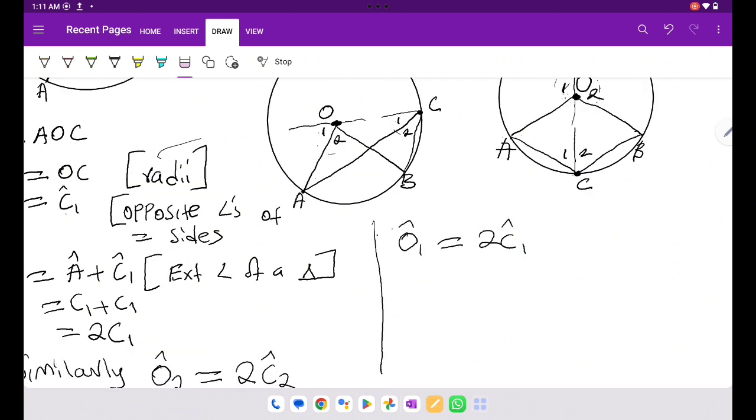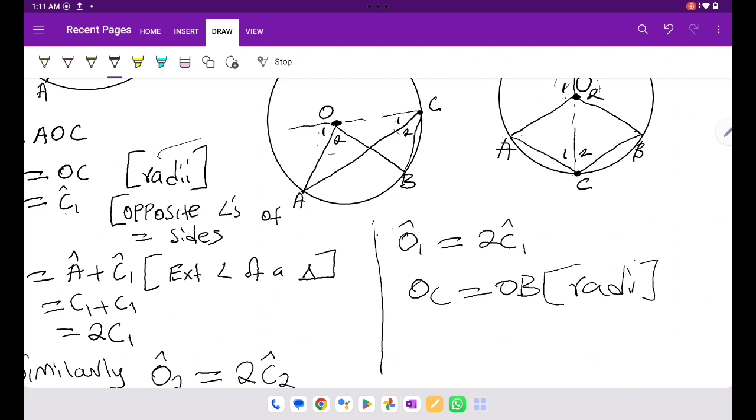Now, if we look at triangle OBC, we realize that OC equals OB. These are the radii of the circle. So we know that the radii of a circle are equal.